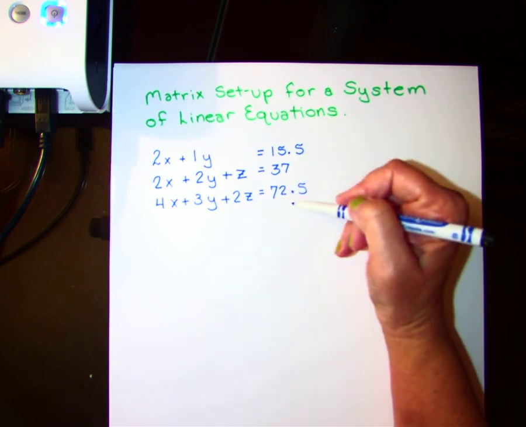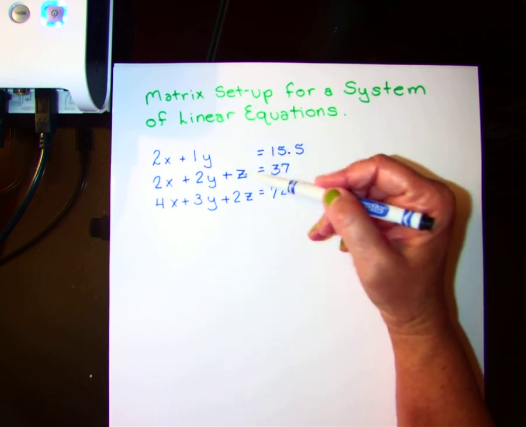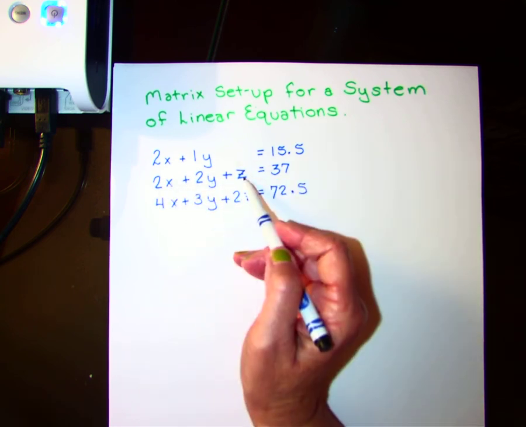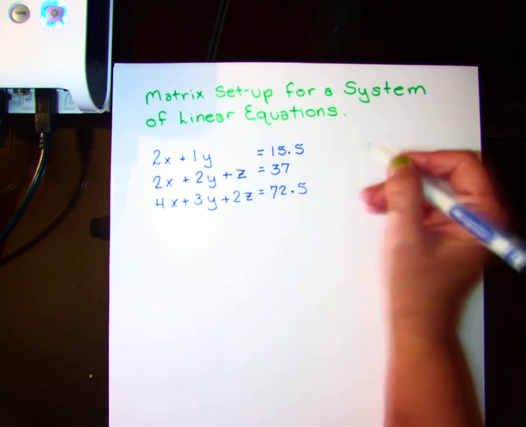This is still a set of linear equations. It doesn't matter that these aren't lines, that they're planes. Every variable is a first order, which just means it's to the exponent of 1.